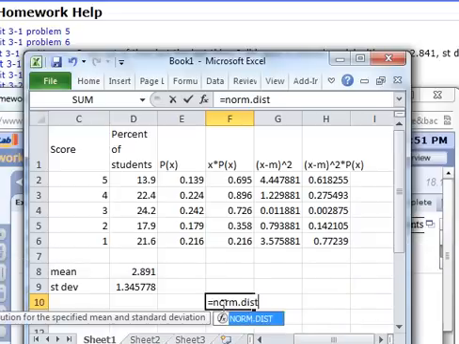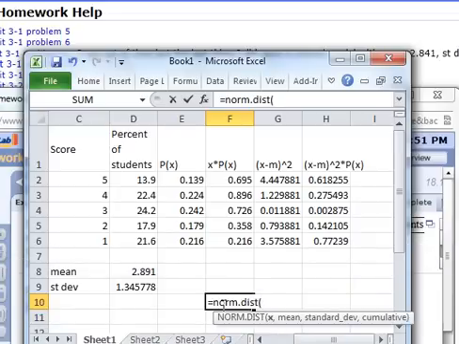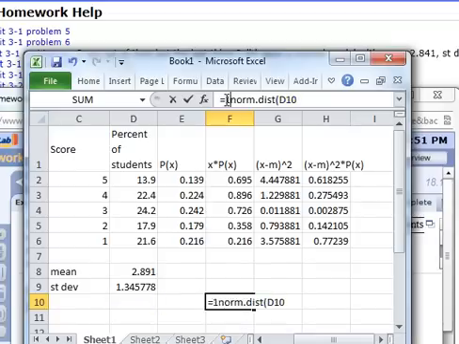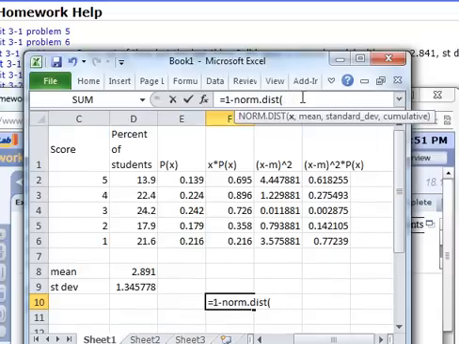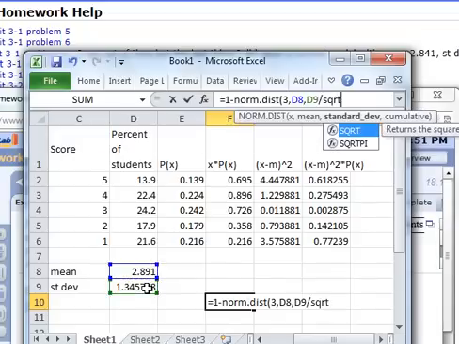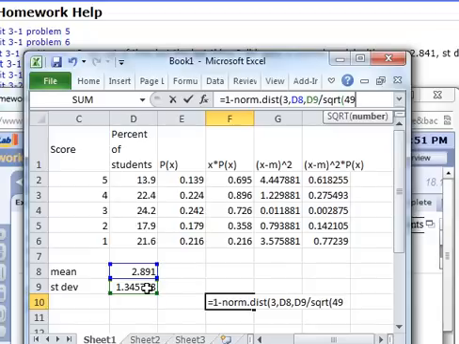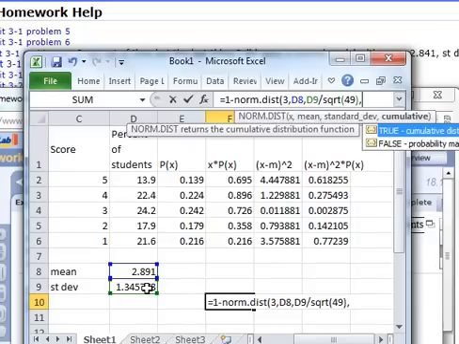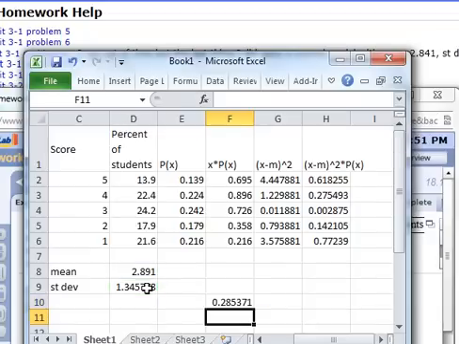So finally, you want to know norm.dist, the probability that you got greater than a 3. And actually you're going to have to do 1 minus this, because to get the area to the right. So 1 minus norm.dist, and then in here we're going to put 3, comma the mean, which is this number, comma the standard deviation, which is this number divided by the square root of the sample size, which is 49, and then comma 1 in the close parenthesis, and then equals.